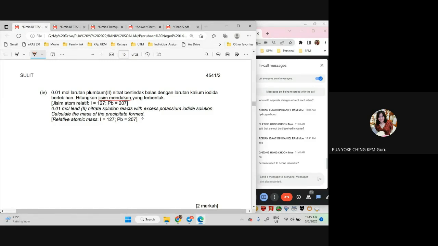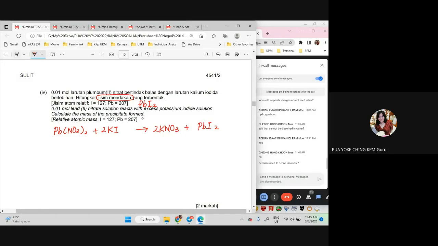Hitung jisim mendakan yang terbentuk. So, your jisim mendakan is PbI2. So, our equation Pb(NO3)2 plus KI produce KNO3 plus PbI2, balance equation 2, 2.